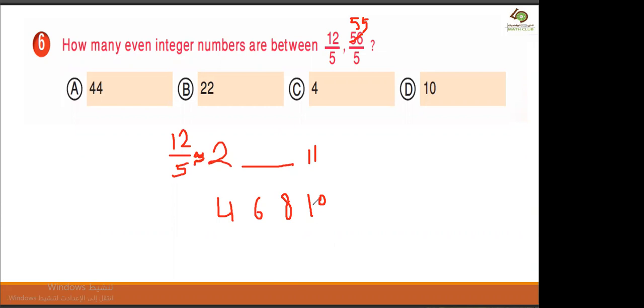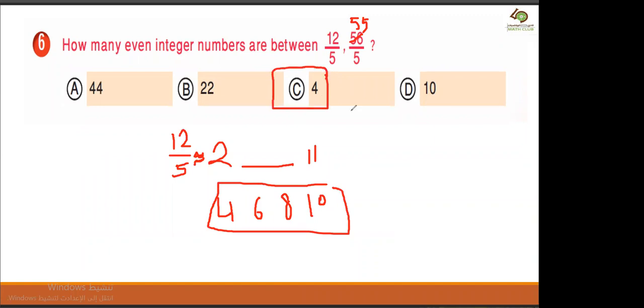How many even integers do I have? It is 4 integers. Right? 4 here. Right. Good, Khalid. Is it clear? You find the approximate of the answer, then you get the even integer numbers.